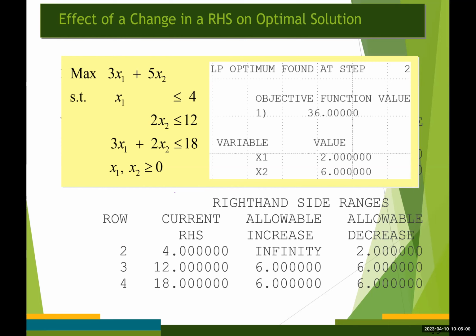So as long as the value of B1 is greater than or equal to 2, according to the Lingo and Lindo output here, I'm talking about this one, the current optimal solution remains feasible, and the current set of binding constraints also remains the same.